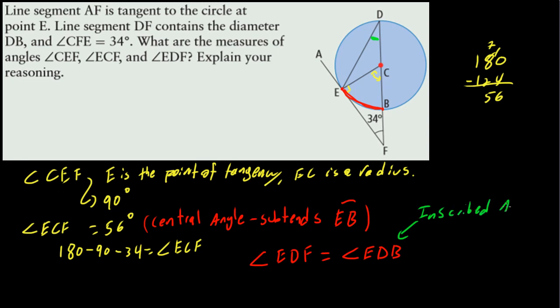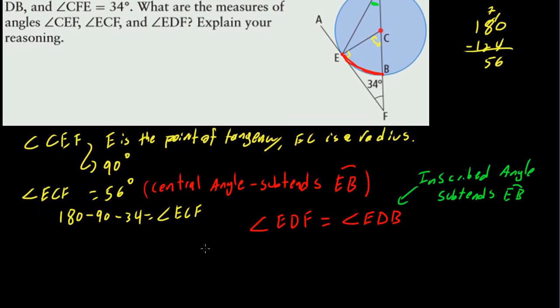Inscribed angle. And this subtends arc EB. So check it out. We have a central angle that subtends arc EB, and since we know that angle EDF equals angle EDB, then we know that EDB is an inscribed angle that subtends EB.